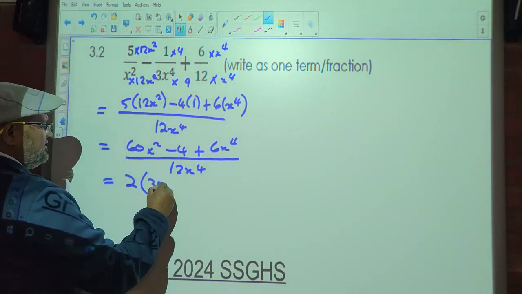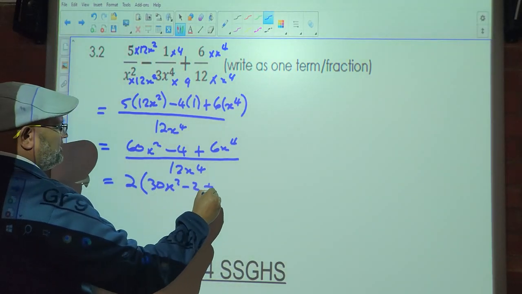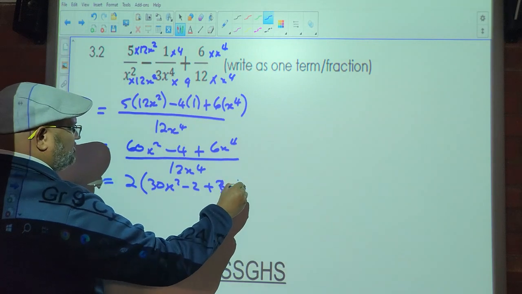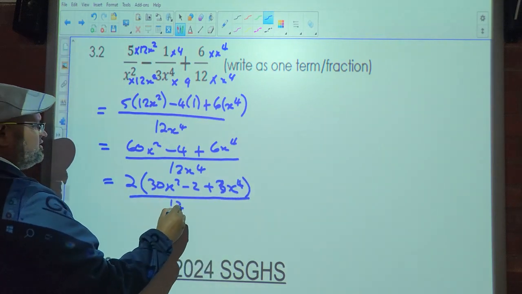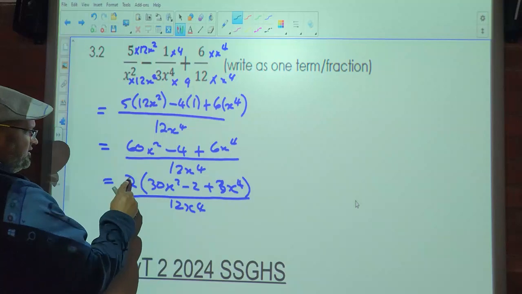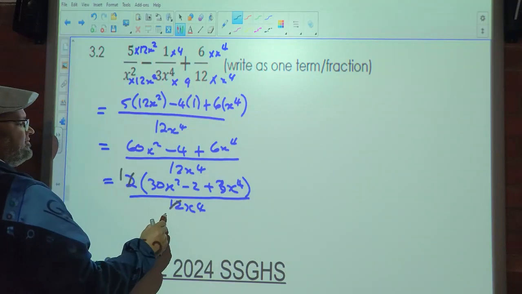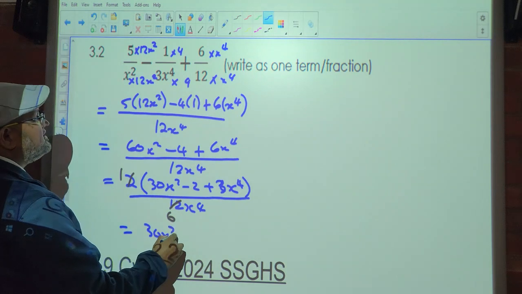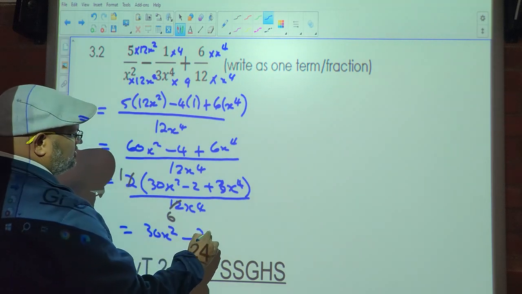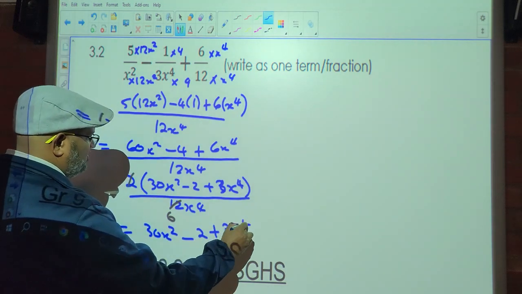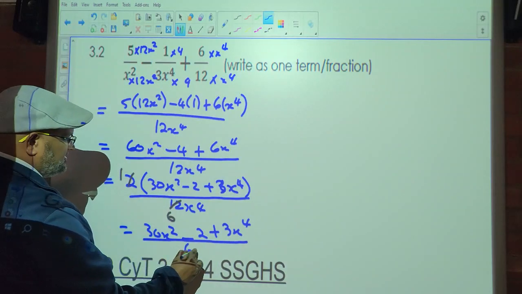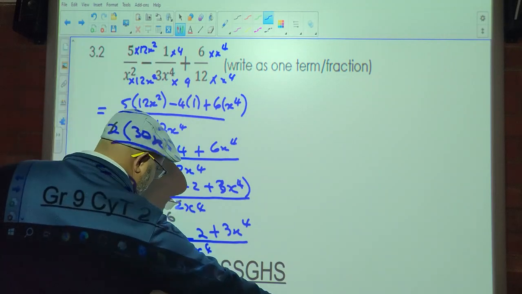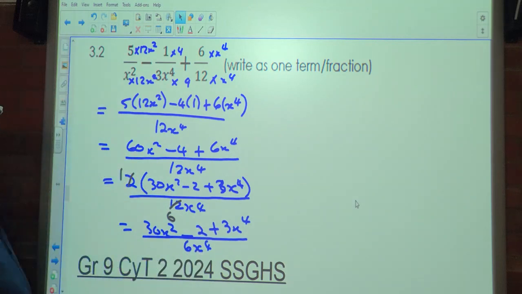I'm then left with 30x squared minus 2 plus 3x⁴ over 12x⁴. 2 goes into 2 once, 2 goes into 12 six times. So the answer is going to be 30x squared minus 2 plus 3x⁴ all over 6x⁴. Okay, any confusion there?